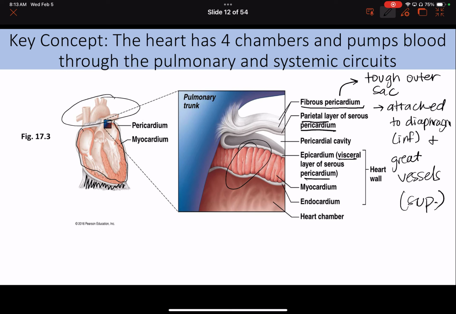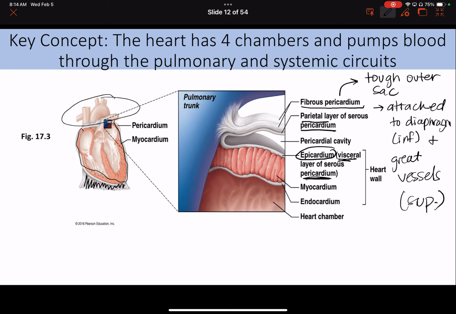So the actual layers of the heart wall. Now, the visceral pericardium is part of both of those things. It's part of the outer covering, and it's also part of the actual heart wall. So it depends on what context we're talking about, what we're going to name it. Right? So when we're talking about the pericardium and the outside coverings, we're going to call it the visceral pericardium. But then when we're talking about the actual heart wall itself, it's called the epicardium.